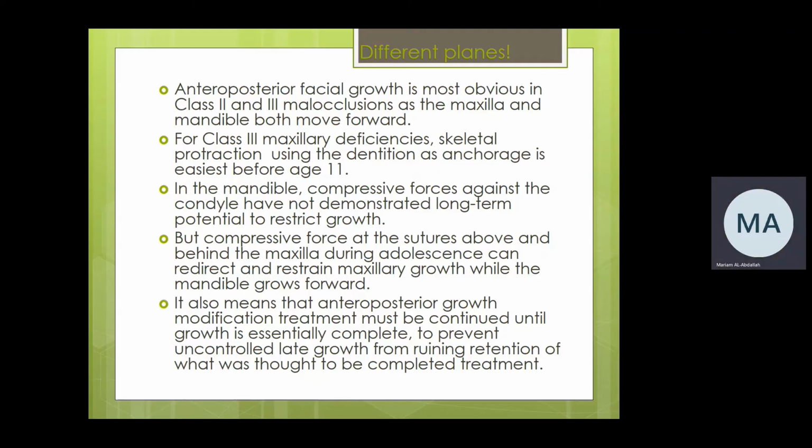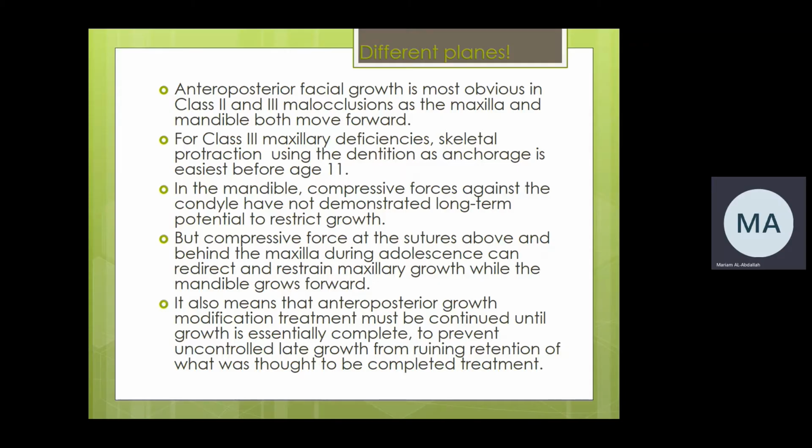In the anterior posterior facial growth, in class 2 cases and class 3 cases, we can modify growth of the maxilla and the mandible. For example, in class 3 cases, we can enhance the forward growth of the maxilla by applying certain forces.